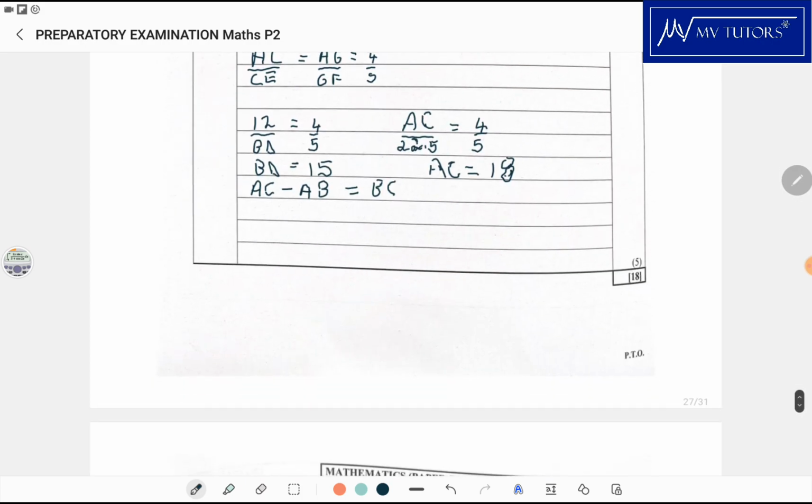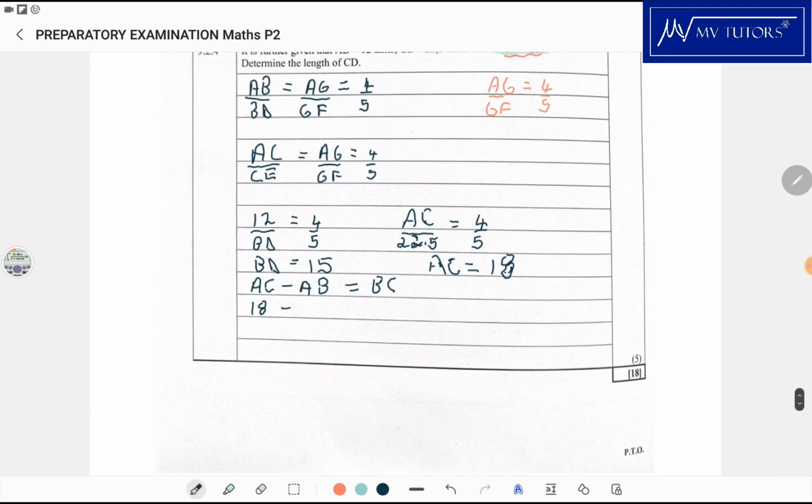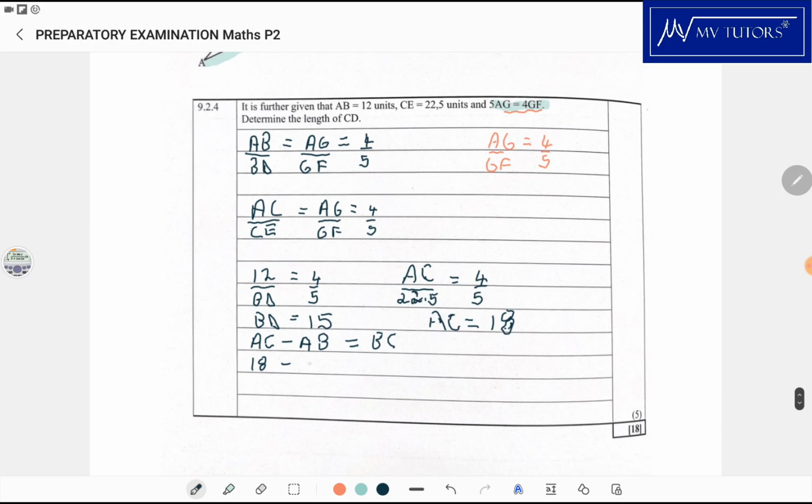AC, we just solved it, it's 18. So it's going to be 18 minus AB, which is given as 12 units. 12. Now what is 18 minus 12? I can do that in my head.